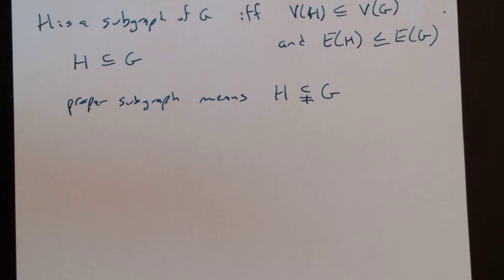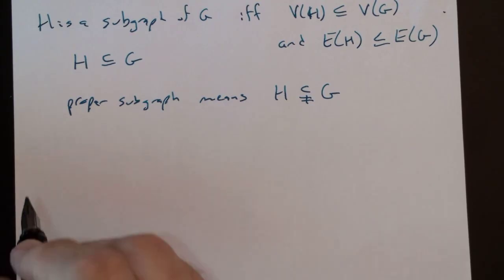If I keep all the vertices, but I don't necessarily keep all the edges, we call that a spanning subgraph. I hate that term, because to me, spanning means something else that we'll talk about later. It is a technical definition in the book.